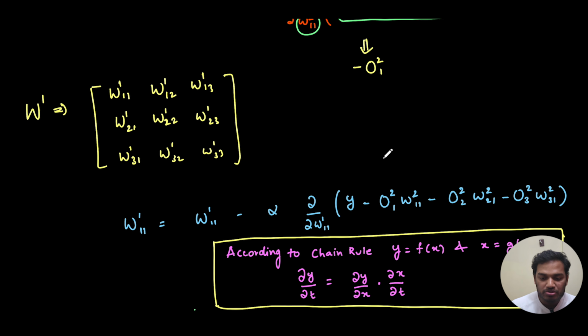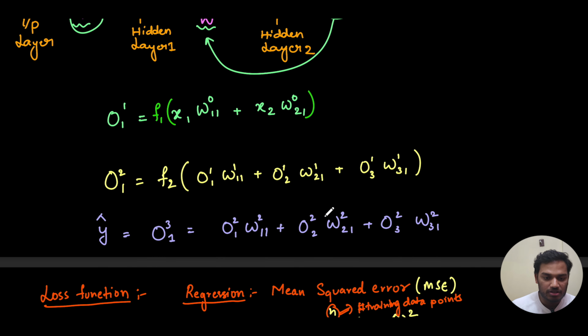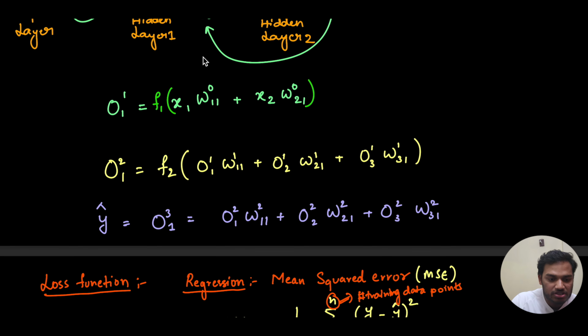If you carefully observe where this W111 will be in the neural network, it is present over here. So this weight is contributing to this particular output, that is O21. And O21 is a function like F2 of something, right? What is the O21 equation?